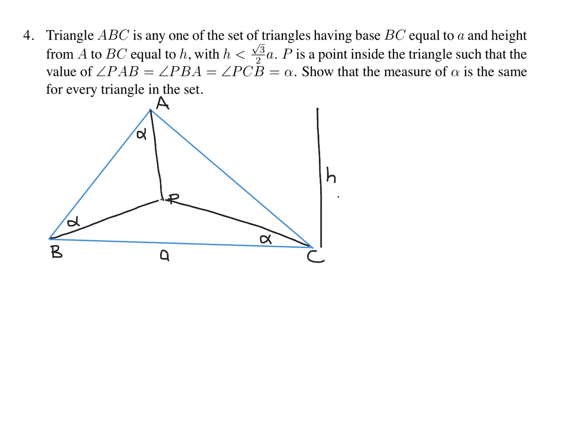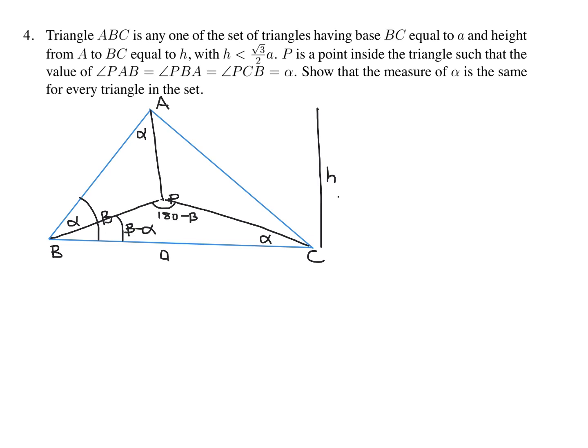Okay. Well, I'm going to put one more angle, and that angle is this whole angle right here, that entire angle. I'm going to call that beta. So therefore, this angle in here is obviously beta minus alpha. Correct? And this angle here is going to be 180 minus beta.